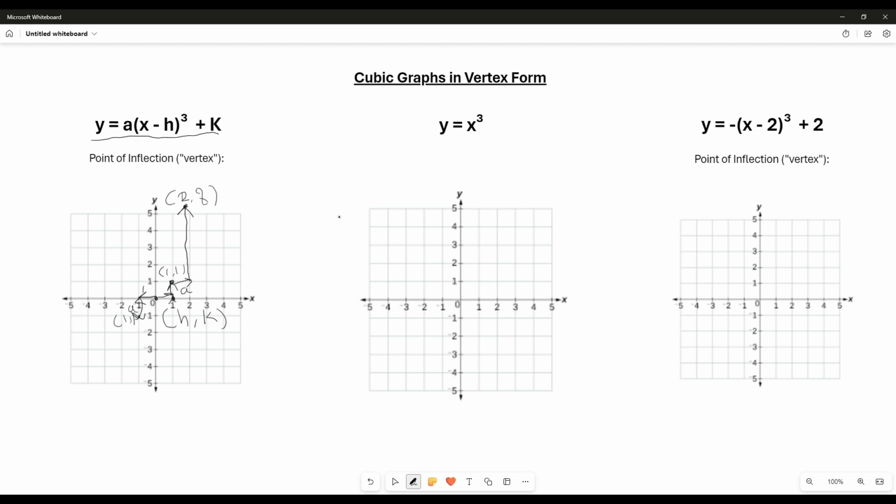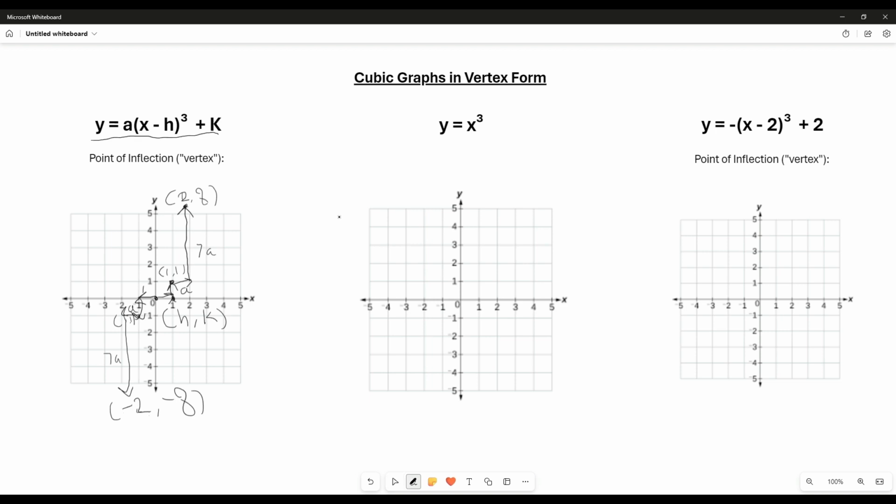And then you go to the left 1 and you go down 7a. So if we're at -1, -1, we'll be at -2, -8. So that's how you graph the most basic one.